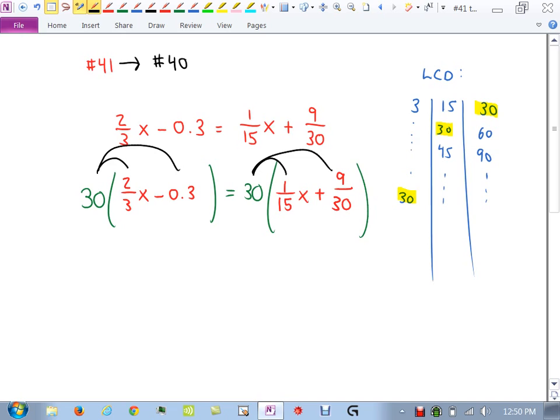All right, here we go. All right, what's the multiplication of 30 times the 2/3 x? 20x, right? And then what's 30 times 0.3? So maybe you need your calculator there. Maybe not. 9.